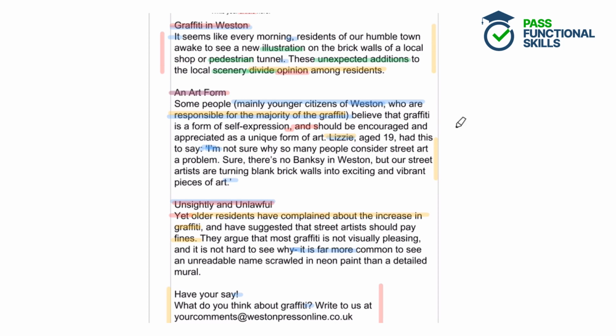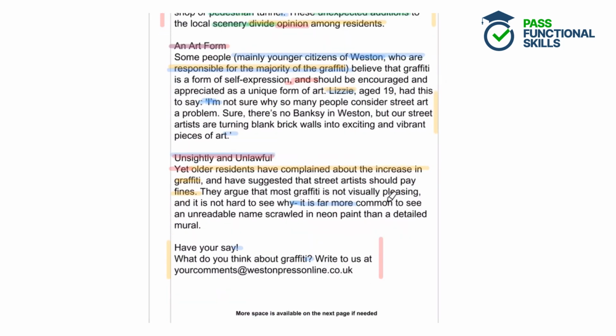So we've definitely got some facts here. We've got a fact about it being far more common to see some names scrawled in neon paint rather than detailed murals. So that is an example of a fact, and facts are necessary in articles. We've also got lots of opinions.